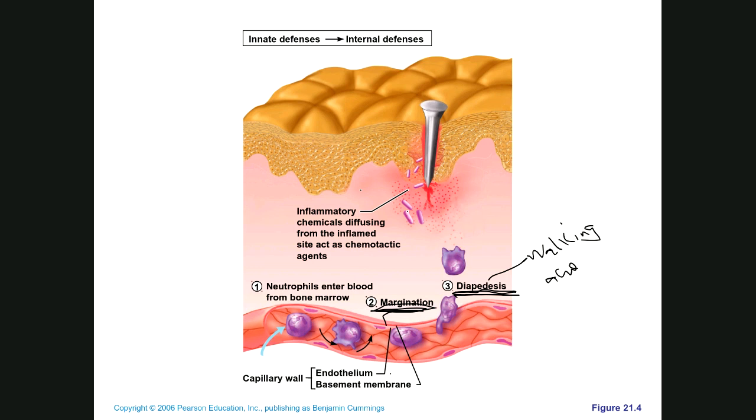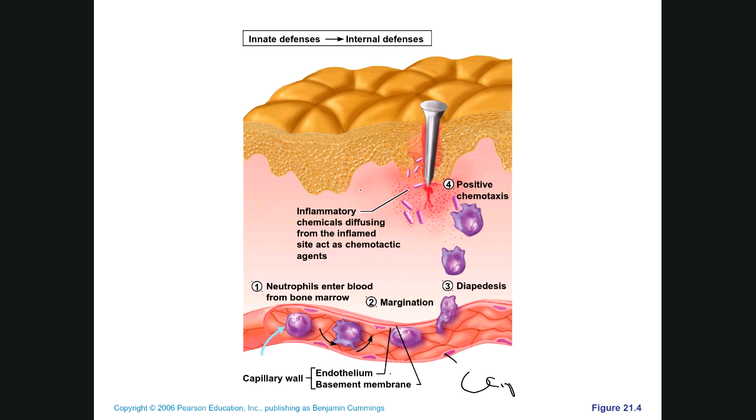They squeeze out through the little pores. And they're going to rush to that area. At the same time, this capillary is going to become more leaky. So if it becomes more leaky, fluid is going to come out. So fluid is going to come out too. And when fluid enters the tissues, we're going to get them swelling up.